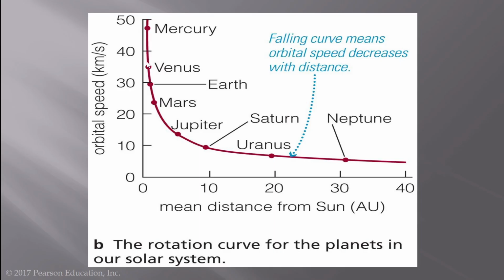And really, there is a steep dependence here that falls off with the distance, such that the difference between the orbital speed of Uranus and Neptune is not nearly as significant as the orbital speed difference between Earth and Venus, for example, or Earth and Mars, etc.